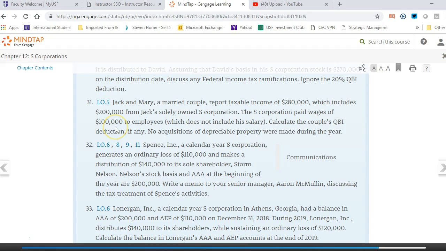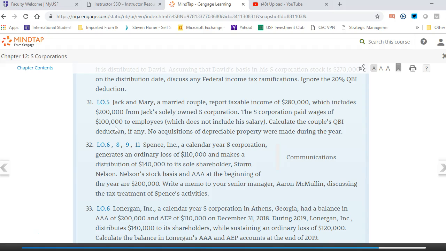Okay, so this is that special kind of QBI rule that's newer. This is probably really the only major change from the previous time, from a year ago. Basically, the QBI stuff didn't exist a year ago, so now it does.